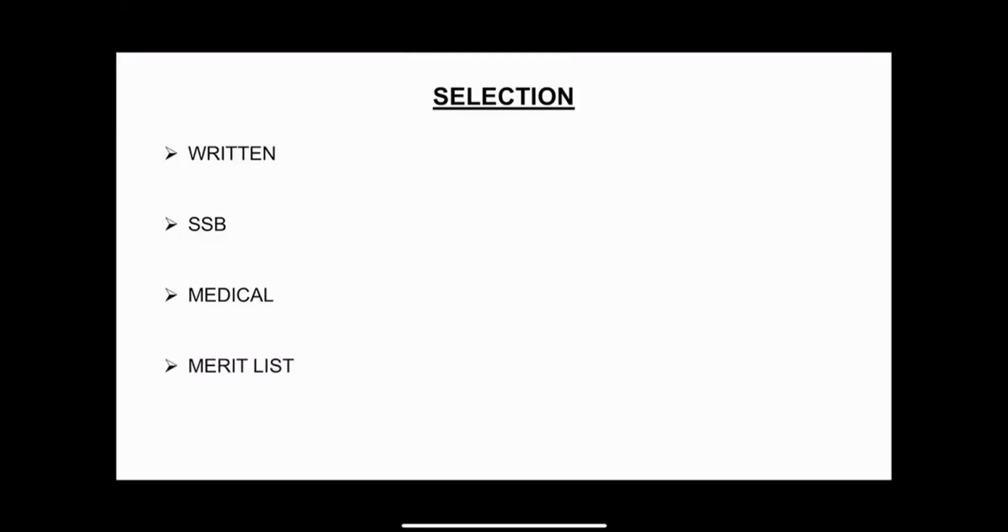Till this merit list is out, it is not sure whether you are inside or out. Even though you have cleared written and SSB, your name should come in that list. So this is the overall picture about the armed forces, air force, and role of an engineer, and the ways to join the Indian Air Force.